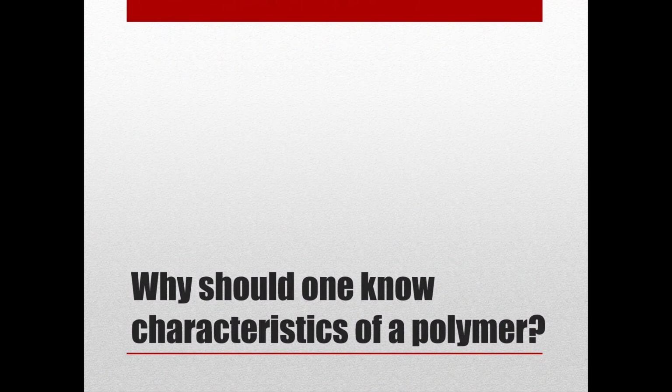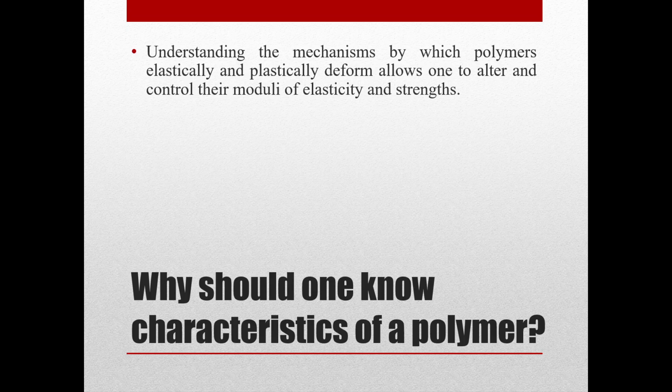So before we go into the characteristics, we should know why we should know the characteristics of a polymer. Understanding the mechanisms by which polymers elastically and plastically deform allows one to alter and control their moduli of elasticity and strength. So knowing what kind of polymer we are dealing with, we can modify or engineer their properties.